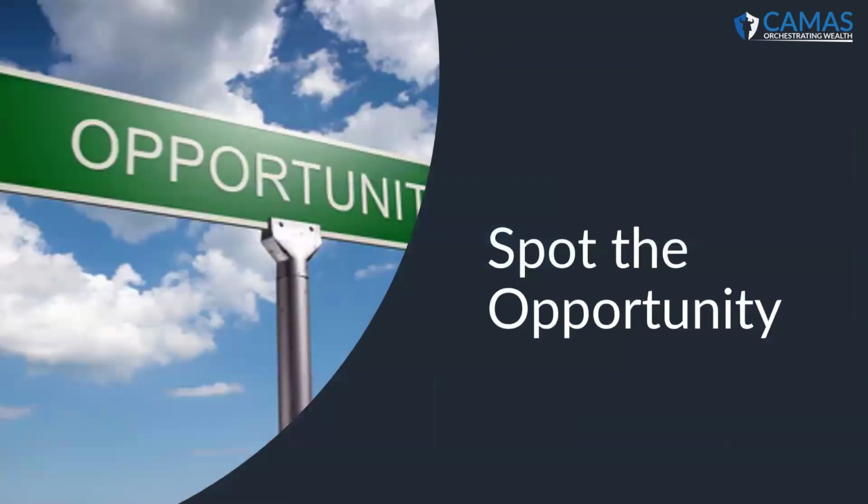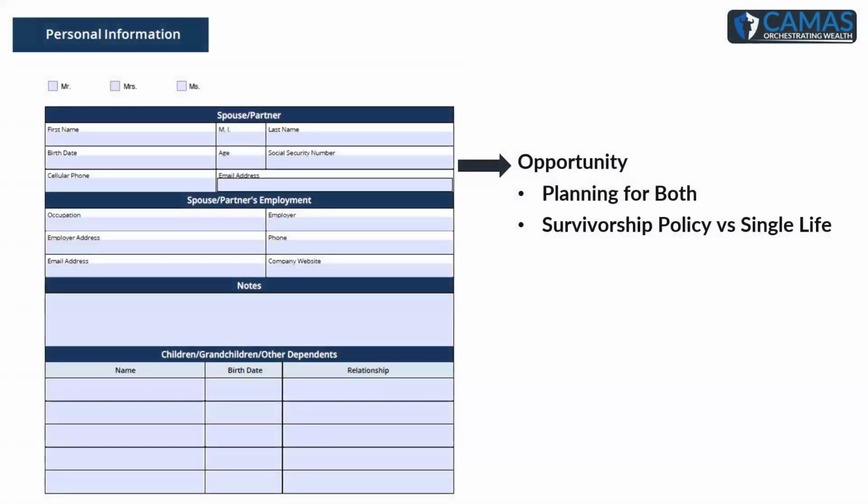Now, as you start gathering that information, I'm not just asking questions for the sake of asking questions. I'm also looking at that so I can understand what the opportunities with our clients might be. So if I'm gathering their names and marriage situation, where they're at in relationships, do they have kids?